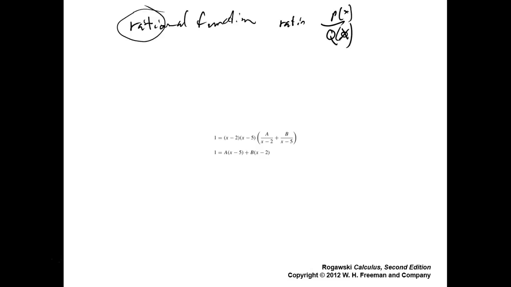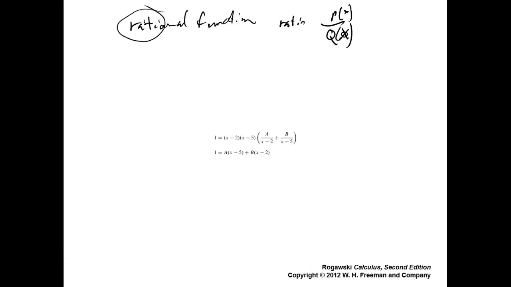If P is of greater degree than Q, divide Q into P, and you're going to get a polynomial plus some form of P over Q where the P is of lower degree than Q. I wish they'd have said that right out front. It seems to me it needs to be said. So you might first have to do long division to make sure that the degree of P is less than the degree of Q.